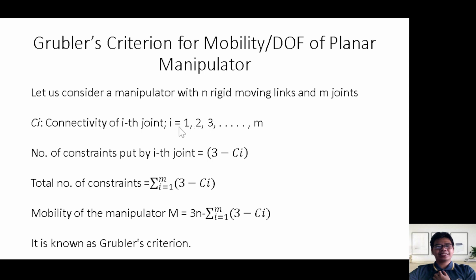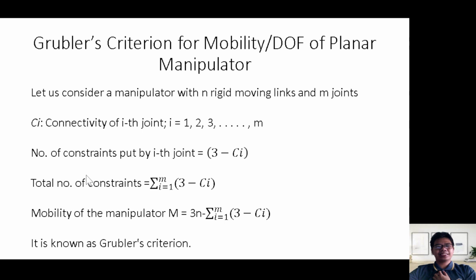Just like before, each joint i contributes to the manipulator's connectivity, denoted as Ci. The number of constraints introduced by the ith joint in a planar manipulator is given by 3 minus Ci, where Ci represents the connectivity of that joint.